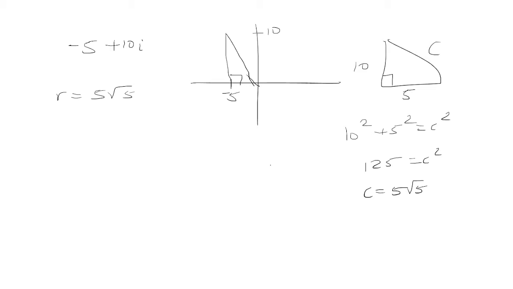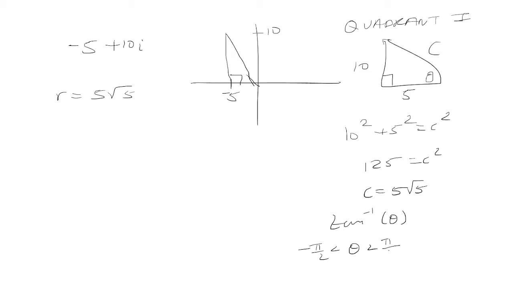Theta, this one we have to be careful. So let's look at this example. Because x and y here are positive, this will be in the first quadrant. And recall that the range for inverse tangent is from negative pi over 2 to pi over 2.